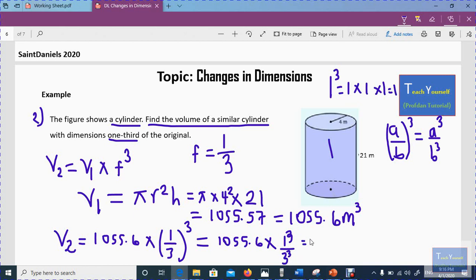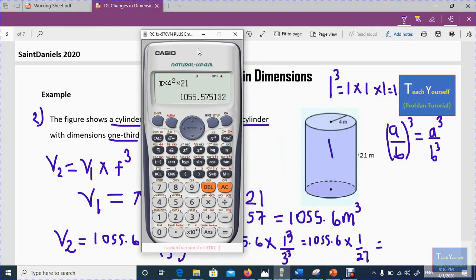So this is finally 1055.6 times 1/27. Please press your calculator and get your answer.